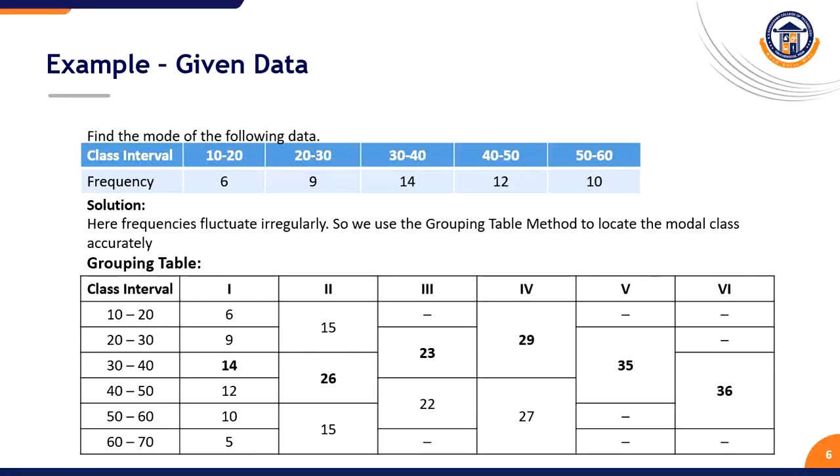In column 4, we sum up three frequencies of the class intervals successively. In column 5, we leave the first frequency, then sum up three frequencies successively. In column 6, we leave the first two frequencies, then sum up three frequencies successively. This is the process of constructing the grouping table.